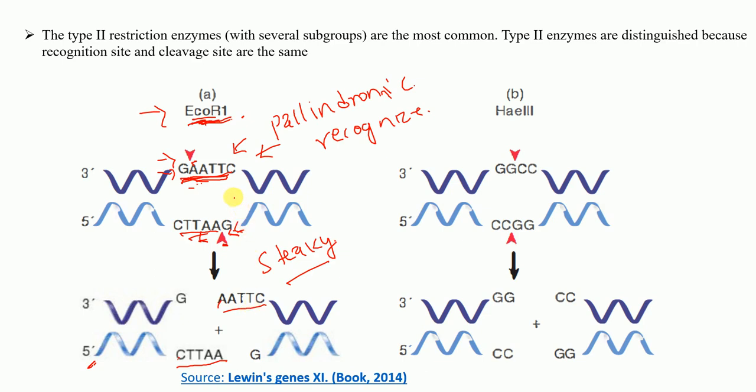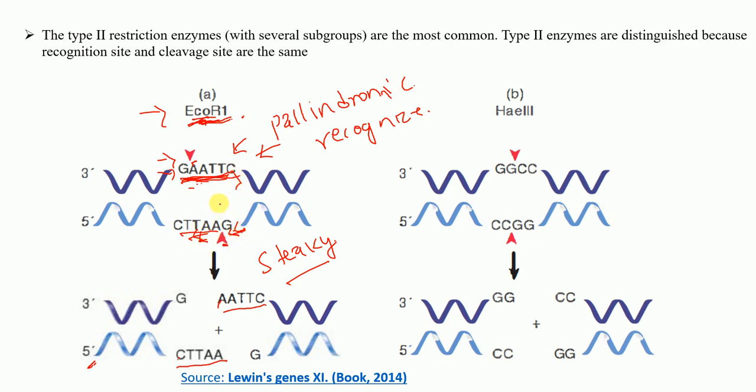So once again, guys, EcoR1 is a restriction enzyme. It recognizes a specific sequence called the recognition sequence, and this recognition sequence is palindromic in nature. That means we can read the same backward and forward, GAATTC in this direction and GAATTC in this direction.